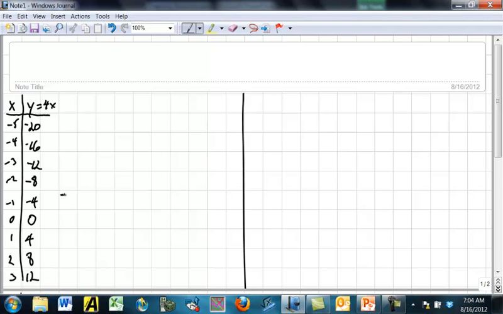I kind of missed the line there. Let me try that one again. I keep missing the way I'm drawing this. Let's see if I try again.